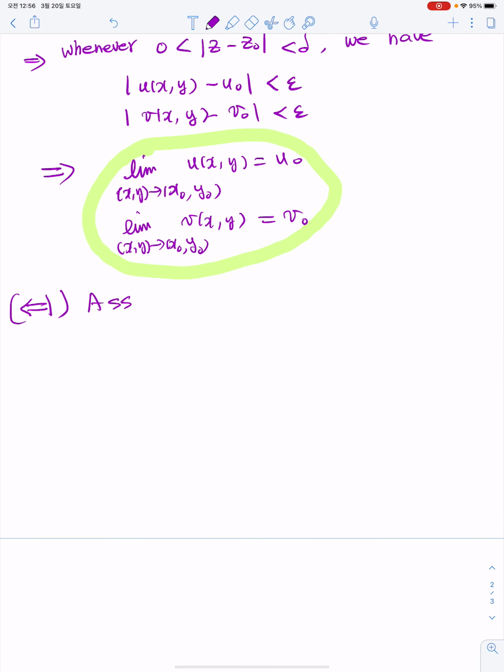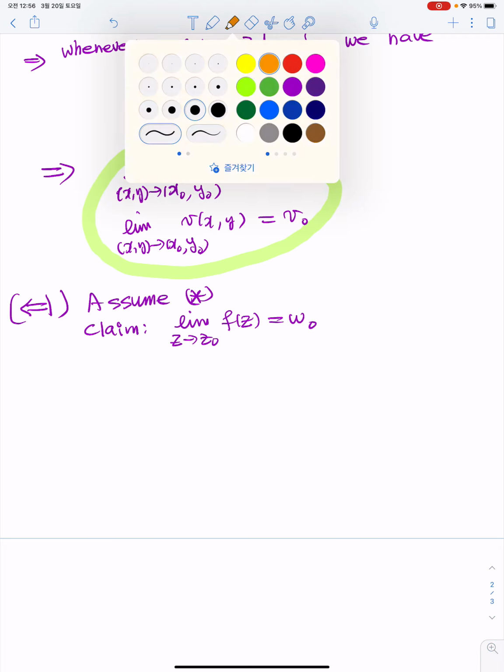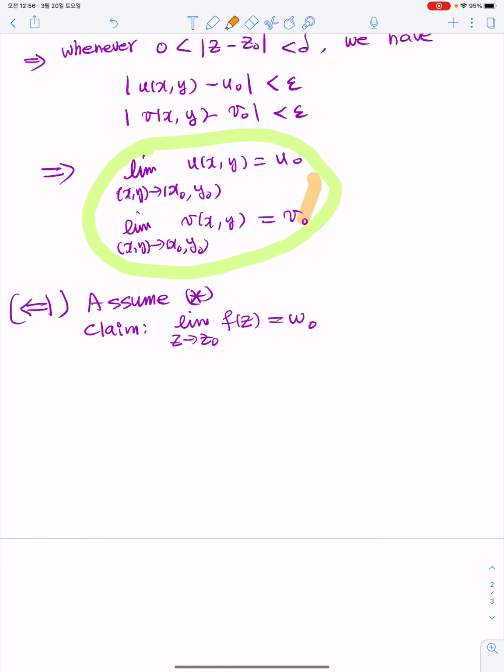Assume star. Then our claim: we need to show the limit as z approaches z0 of f(z) equals w0. That's what we need to show, right? We assume this part, and we need to show that.